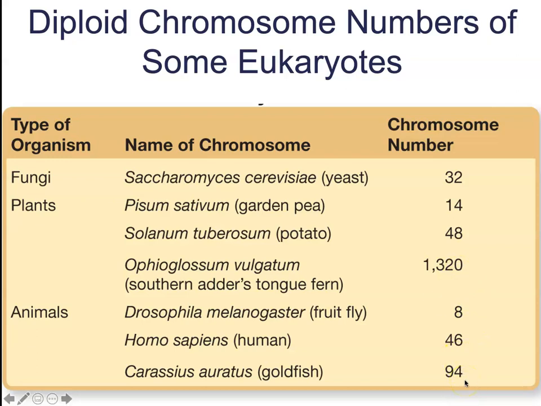They have more than double the number of chromosomes that we have. And the southern adder's tongue fern is a plant that has over 1,000 chromosomes. So there is a huge discrepancy in the number of chromosomes associated with each organism.